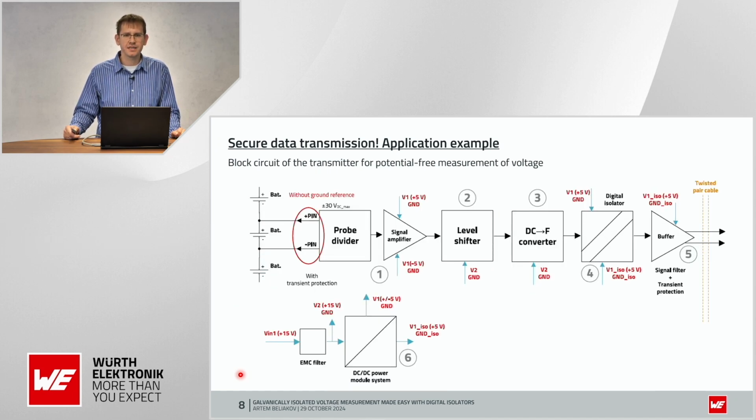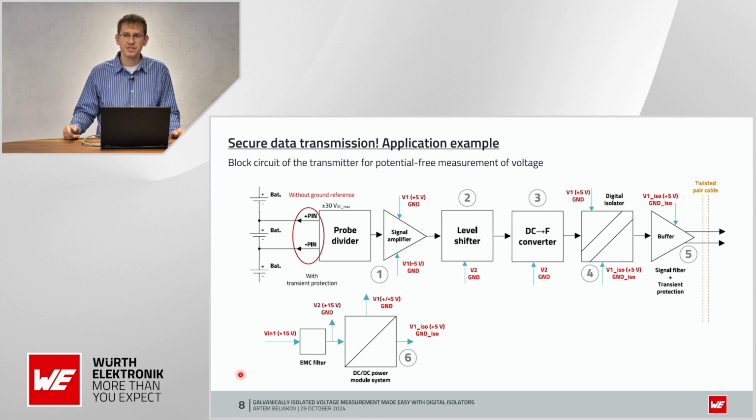On this slide, you can see the transmitter board, and the transmitter circuit has 6 functional blocks. The first block is a probe with voltage divider and amplifier for measuring positive and negative polarity. Then a level shifter for the voltage to frequency converter. The digital output signal of the converter, frequency, depends on the input voltage.